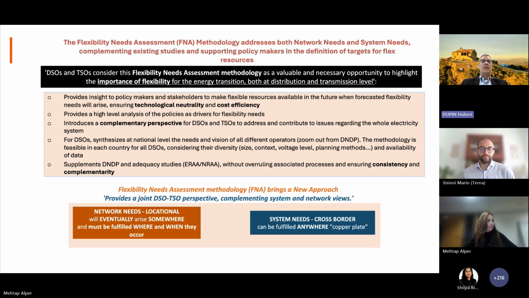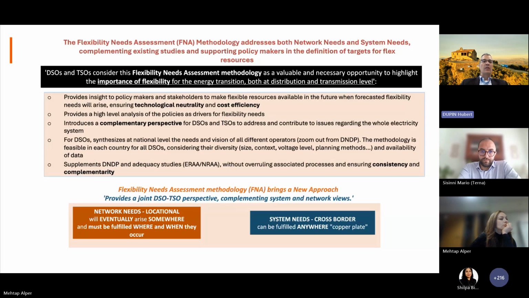We just provide what is the need, and we consider those needs on a cost efficiency basis. We use flexibility because it's part of the electricity system to solve congestion on the network or help system issues, but economy is really out there a driver. It provides a high-level analysis of policies. Why is it that we have so much flexibility need?